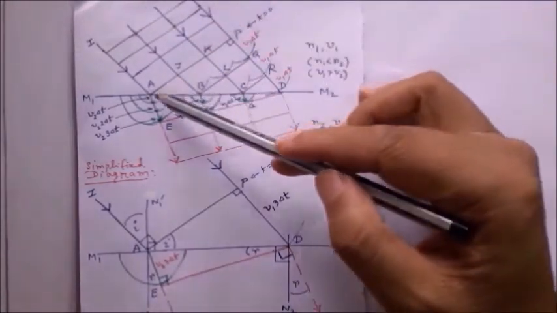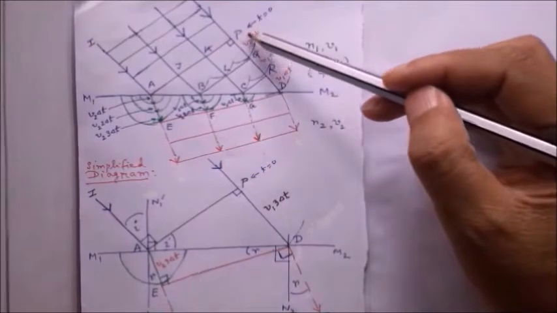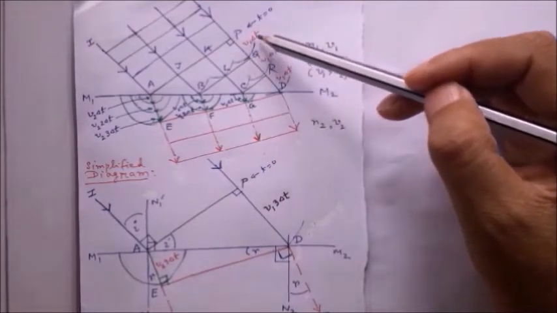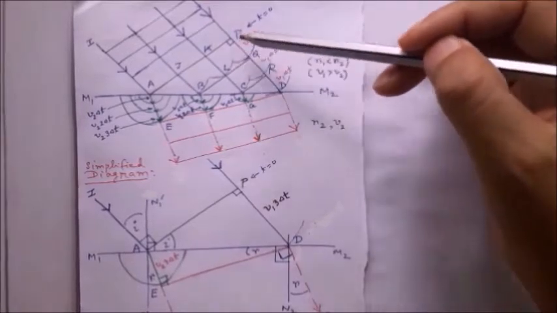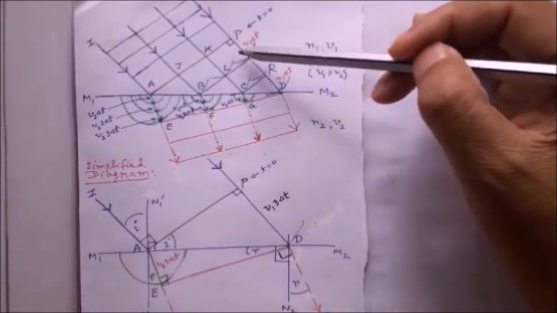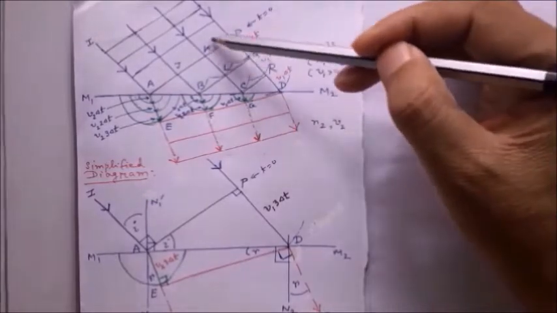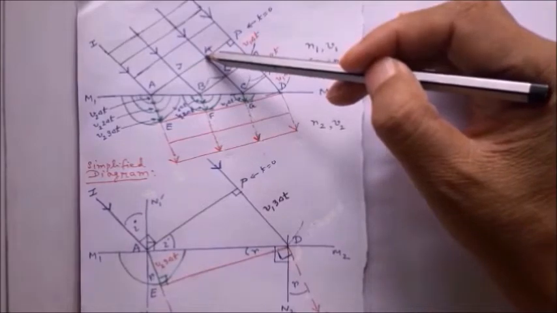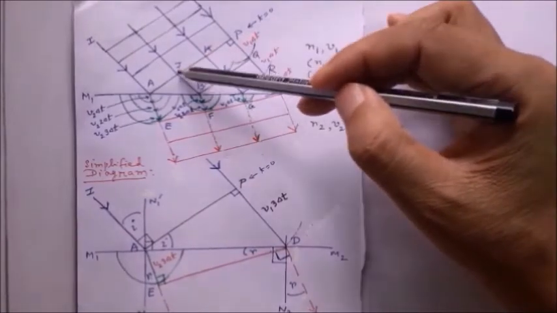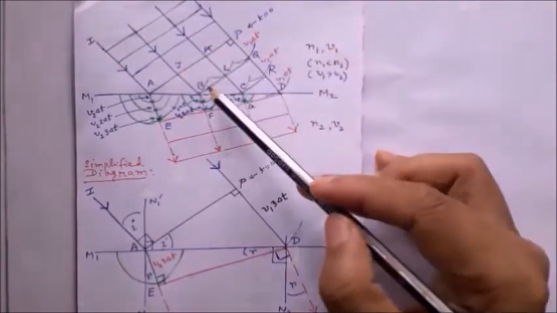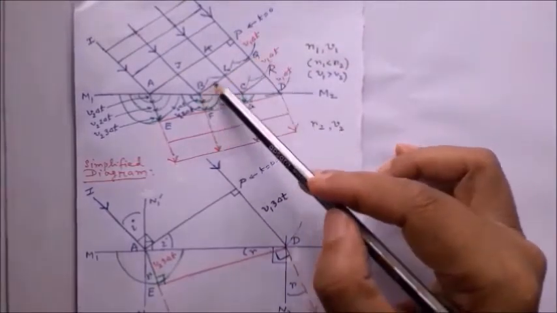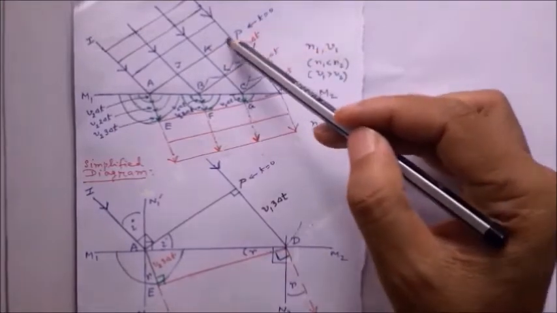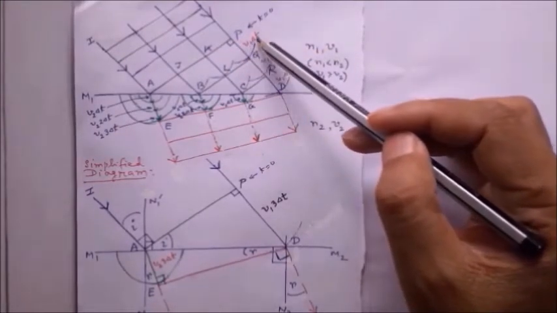At t equal to 0, this is the position of the wavefront. After elapse of time delta t, the wave advanced by an amount v1 delta t, and therefore to get to the new position we have to draw spheres, secondary waves, and this is the sphere. With respect to k as center, we have drawn another sphere, with j another sphere, and then we have to draw a common tangent. So this is the position of the new wavefront in medium 1 where it has advanced by a distance v1 delta t.